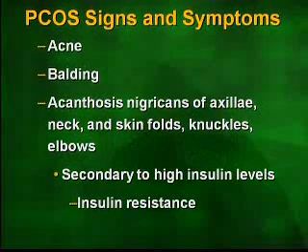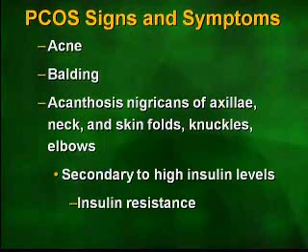They may have the acanthosis nigricans of the axilla or the neck or the skin folds, the knuckles or the elbows. Remember that that's the dark, thick, velvety texture to the skin, and that is an indication of high insulin levels in the peripheral tissue and is secondary to probably insulin resistance.